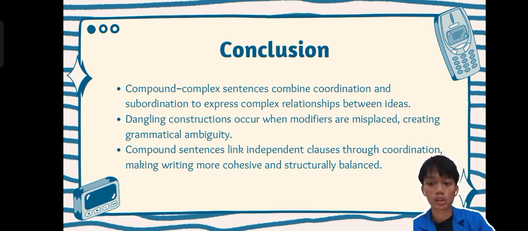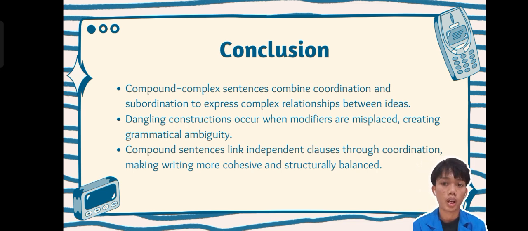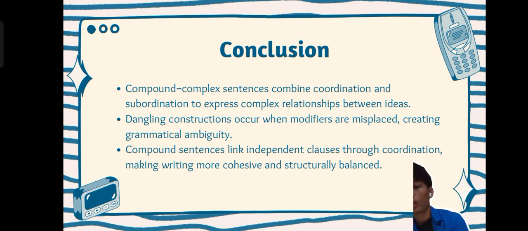Compound sentences connect independent ideas smoothly using coordinating conjunctions. Thus, parallel construction ensures grammatical balance and clarity across all of them. Together, these structures improve the logic, flow, and professionalism of academic writing.